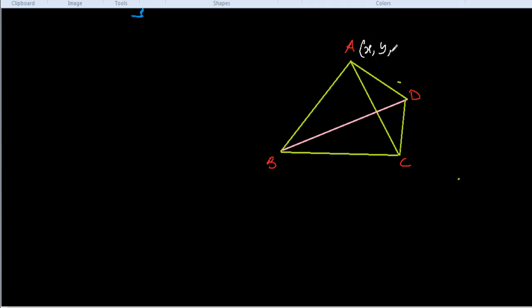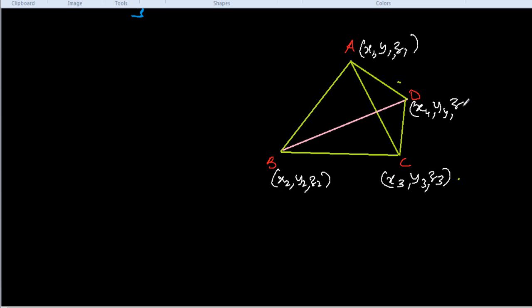We put x1, y1, z1 here, and it is x2, y2, z2. It is x3, y3, z3, and it is x4, y4 and z4. So these are the coordinates of the vertices of a tetrahedron.